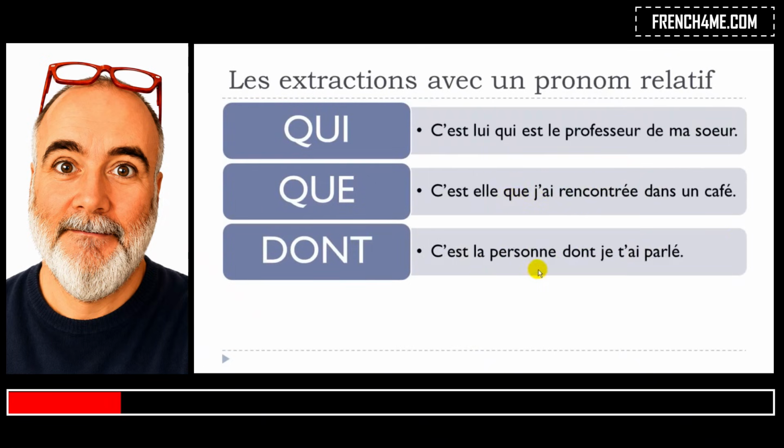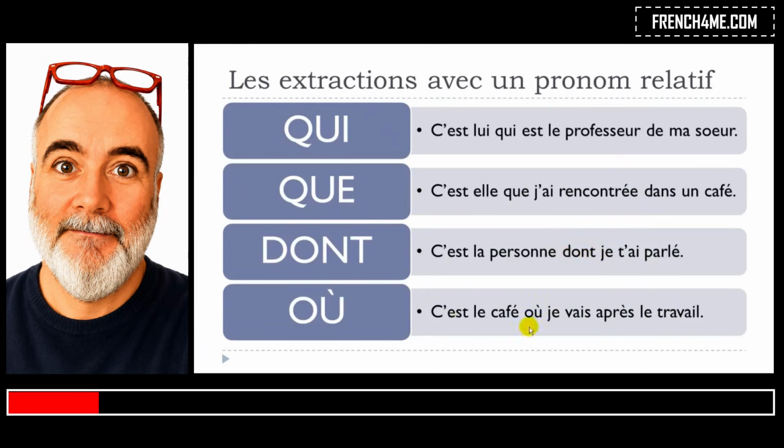Dont, just because, remember, parler de cette personne, so the complément is introduced by the preposition de. So in that case, you will put your pronom relatif dont. And the last one, c'est le café où, just because it's a place, je vais après le travail.